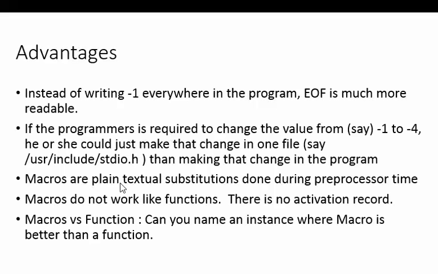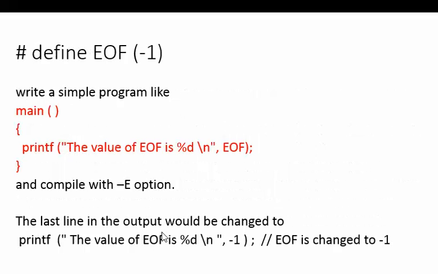Macros are plain textual substitutions. They don't check anything as long as you have defined them properly. It just replaces the string. And they do not work like functions. We will see that in a minute. Here, for instance, I've defined a simple program: main, printf, EOF with %d, and EOF.